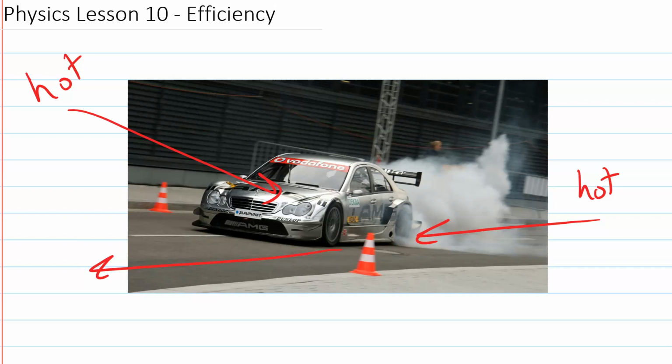So we'd say that car is not transferring the potential energy stored in the fuel to kinetic energy of the car moving 100% efficiently, or at 100% efficiency. What we mean by efficiency is how much useful energy do you get from the energy you put in.